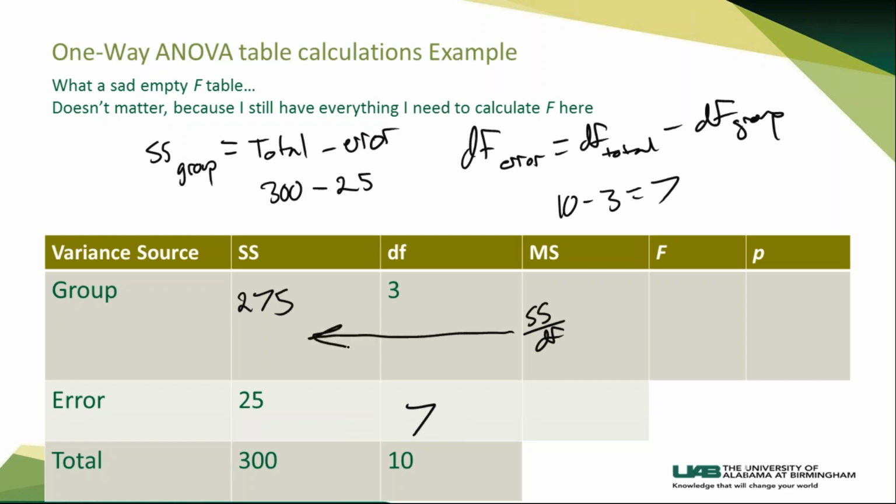So 275 divided by 3, 91.67. Same down here, I get them from over here.